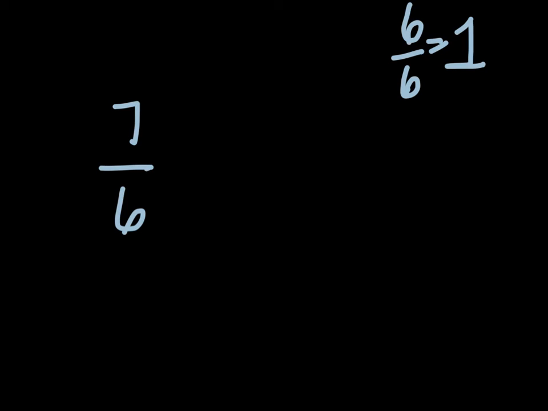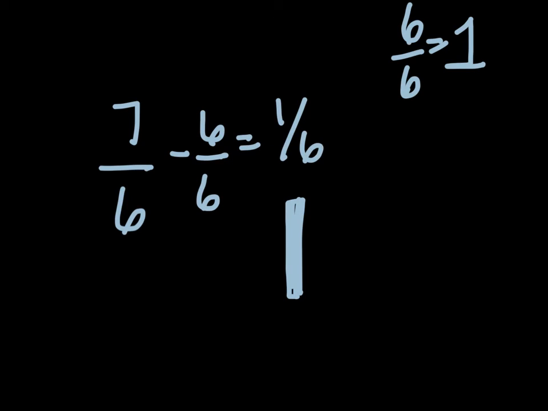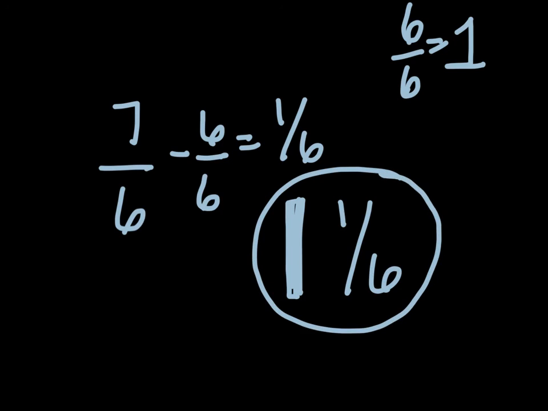And so here I have at least 1 whole. So I'm going to go ahead and put a big 1 here for my 1 whole. Now, if I take that 6 out of 6 and subtract it from my 7/6, because I took out 6 to get my 1 whole, I would have 1 out of 6 left. So my answer would be 1 and 1/6.